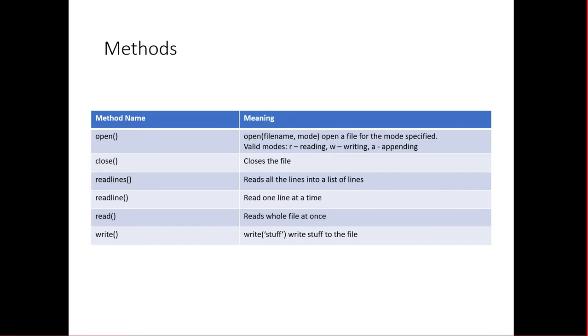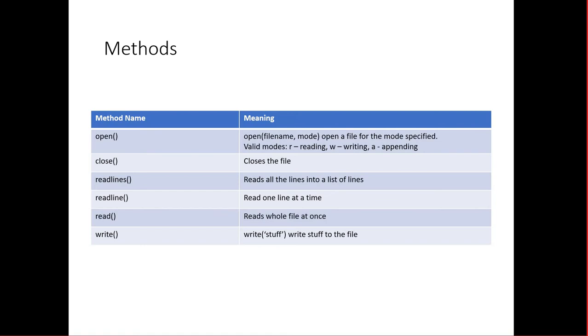When it comes to reading files, we can use readlines, readline, and read. Different things will happen, which we will discuss in detail with examples. And finally, the write method, if you want to save something in the file. So these are the methods that we will use.